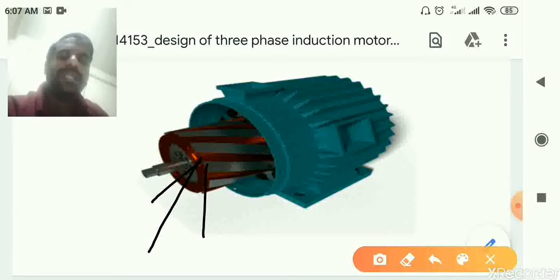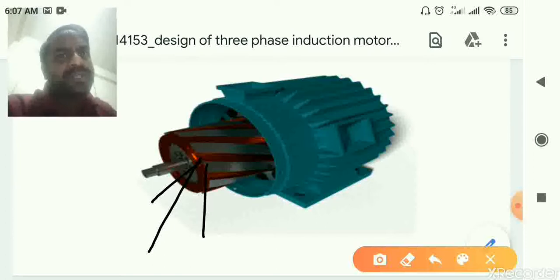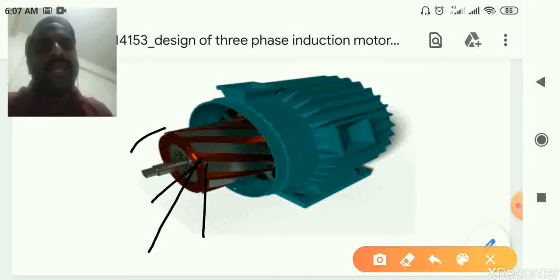And this rotor consists of rotor bars. It means the slots are not housed with winding, they are housed with thick copper bars. And these bars are short circuited at both ends by a metallic ring called the end ring.